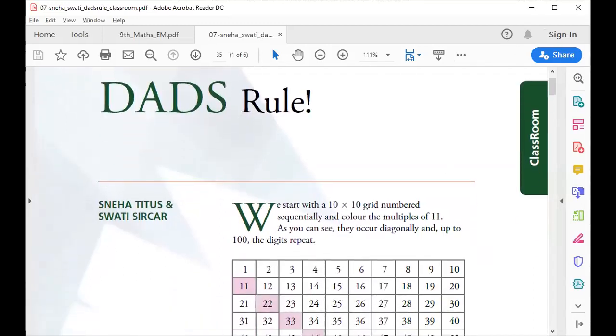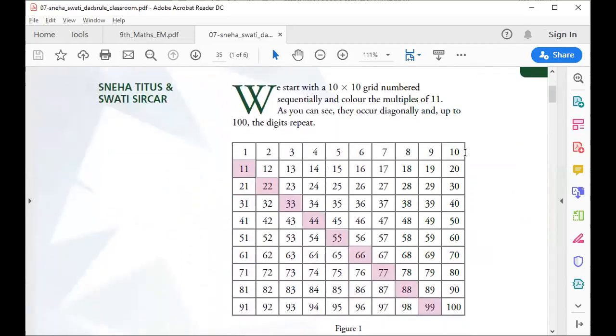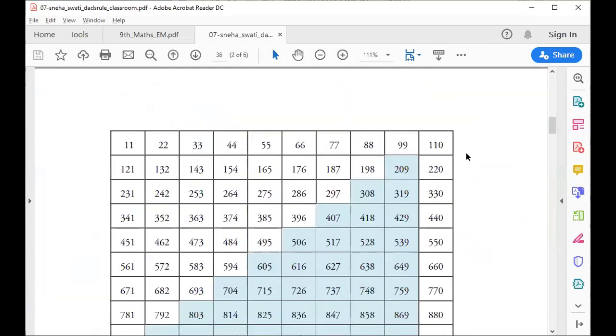Okay. So this is the first grid that you are familiar with.